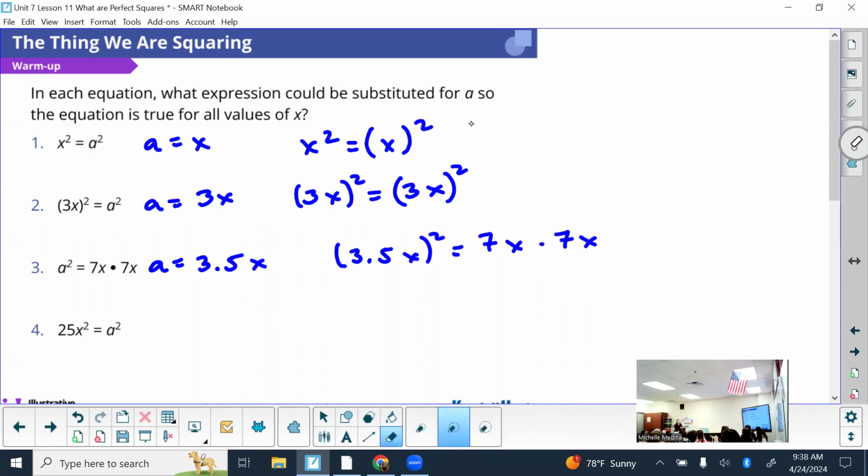So let's address that. Anyone else at table 5 think they know it? Whatever we put over here for the A, so this is where the A was attached to this exponent, it needs to mean the same thing as 7x times 7x. Okay.